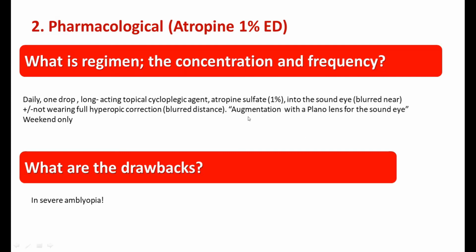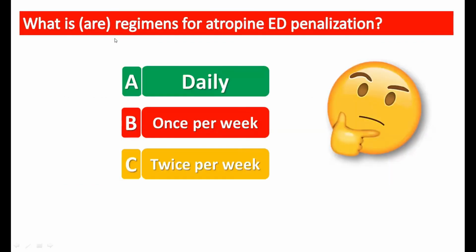But actually, this augmentation was used with weekend atropine, because another study showed that weekend atropine has similar results as daily atropine. So currently, they recommend using atropine on weekends. This is the answer to these questions.